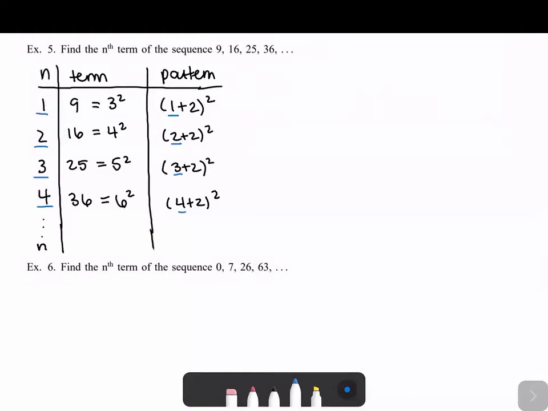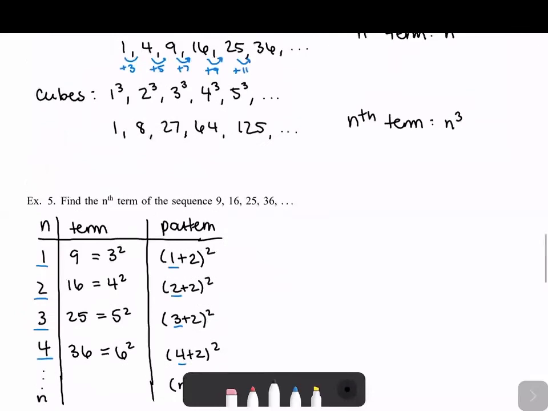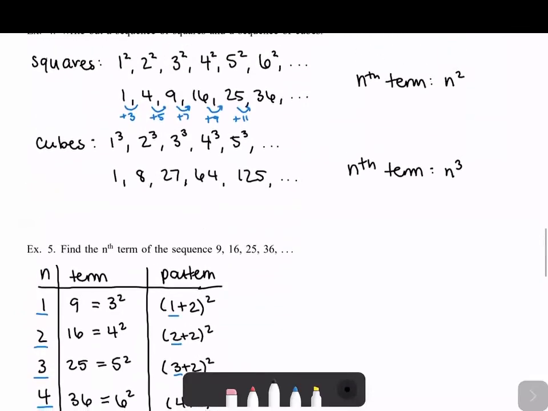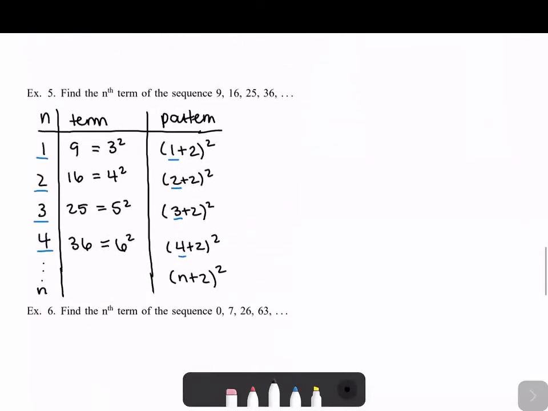So we can write this general pattern as n plus 2 squared. So we can see how that relates to our general term of this sequence of squares, where we just had our nth term was n squared. And now we have our general nth term is n plus 2 squared.